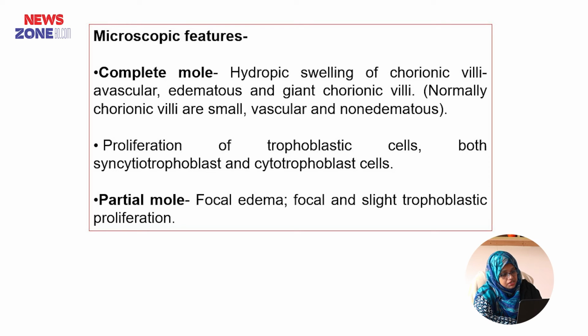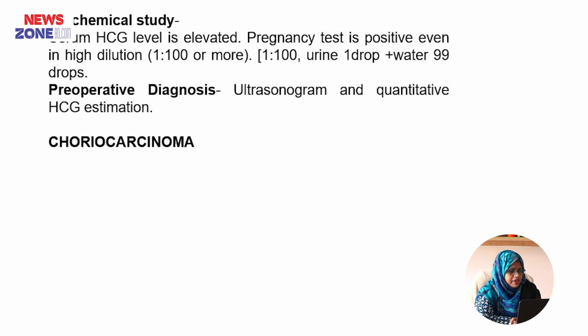But in case of partial mole, there is presence of focal edema and focal and slight trophoblastic proliferation. During the biochemical study, there is a rise in beta HCG level, and the pregnancy test is positive even in high dilution, 1:100 times or more dilution.